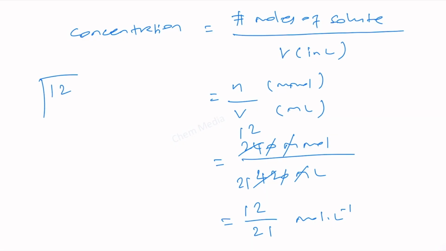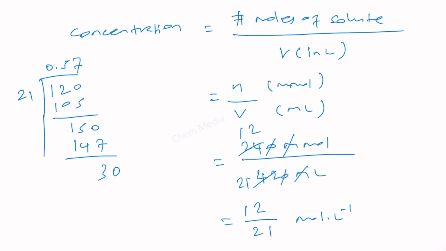Let's divide 12 by 21. We can't divide it, therefore let's add a 0. 5 times will be 105, remaining 15, we can divide it, add a 0 again. 7 times will be 147, remaining 3, we can't divide, add a 0 once again, 1 time will be 21, remaining 9.